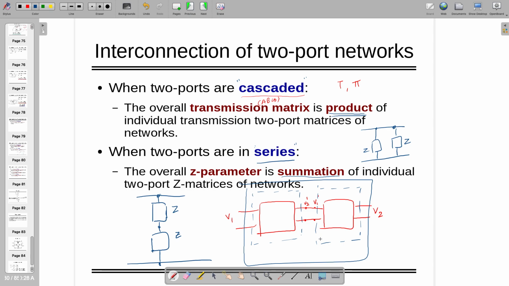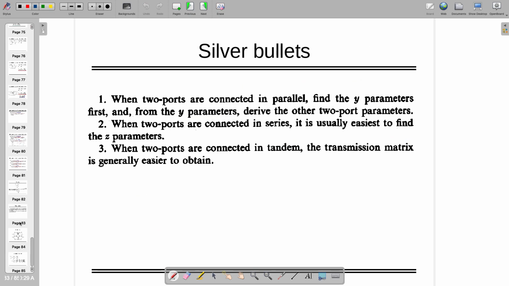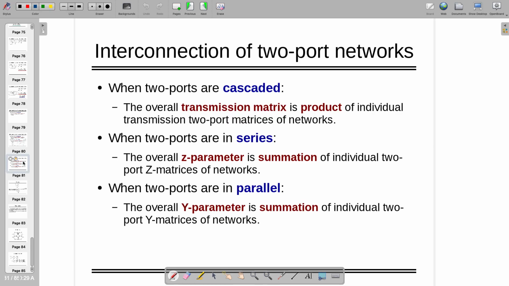This is called cascade. Right? So all three are different. So if it is in series, of course, it will give addition of two resistances or two impedances, and you have to look at the two individual Z matrices, and you have to add them.